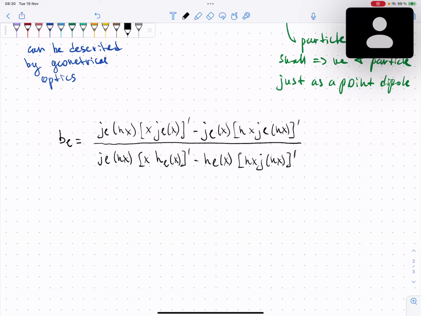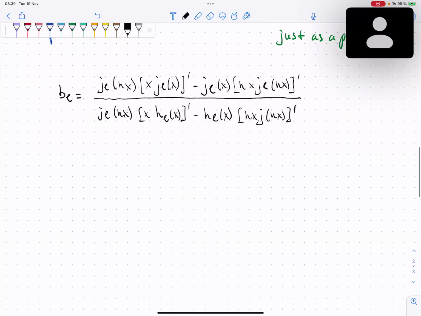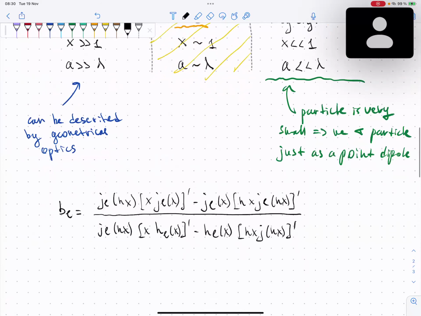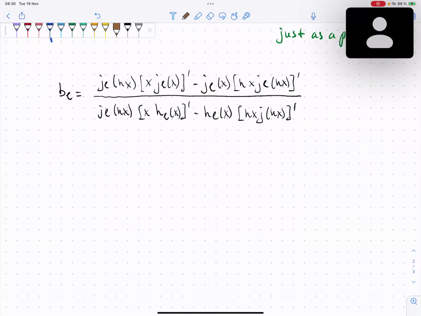Basically, in this region, in the Rayleigh region, we work in the limit of a very small x. So the x is much less than 1.